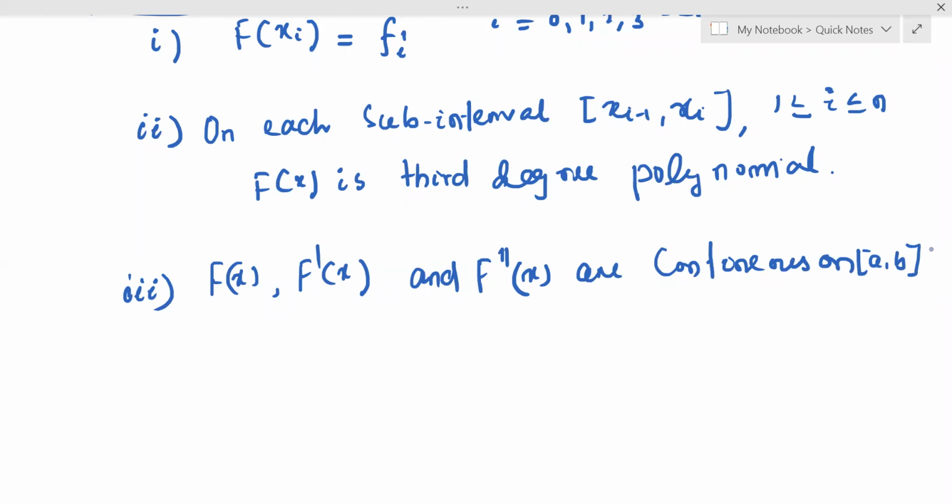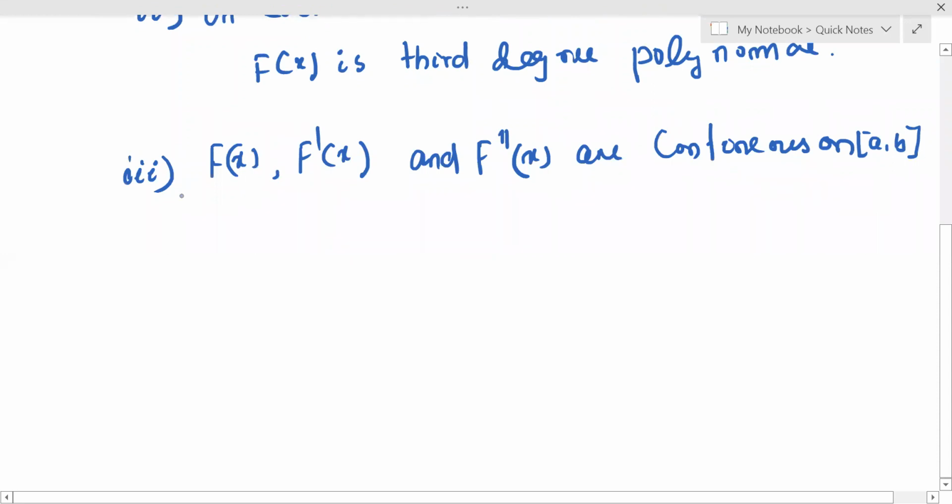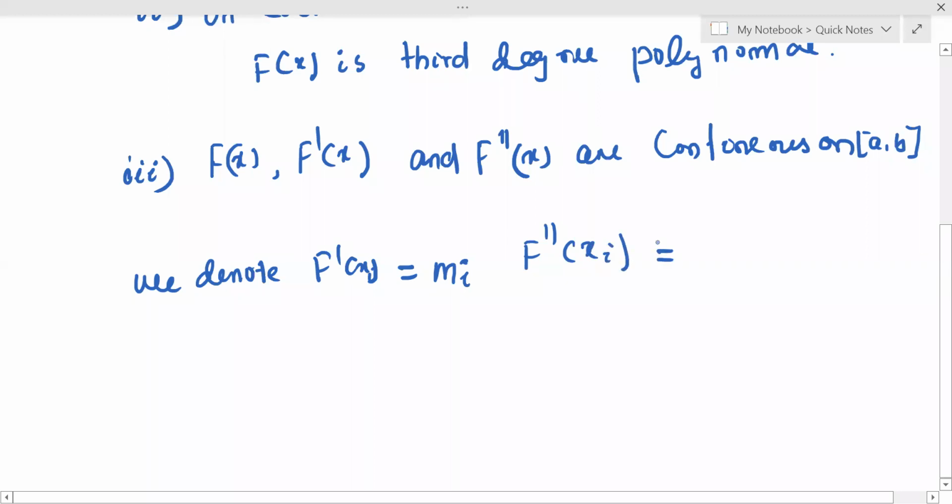We denote f dash xi which is equal to mi, and f double dash xi which is equal to capital Mi.